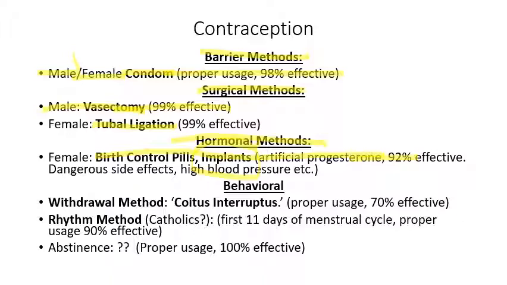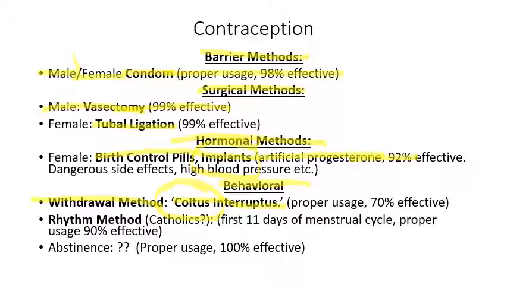All right, now there are some behavioral birth control methods. One is called the withdrawal method. The technical name for this is coitus interruptus. The word coitus is the technical word for mating, for having sex.